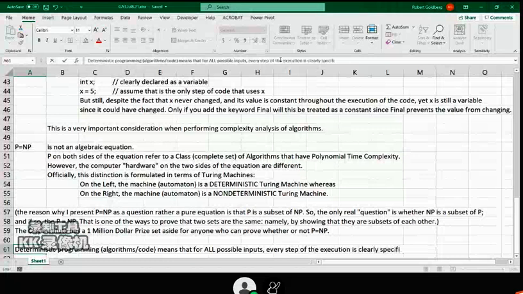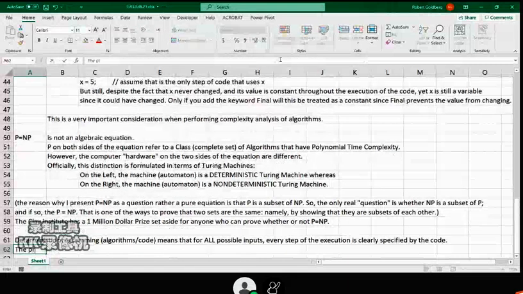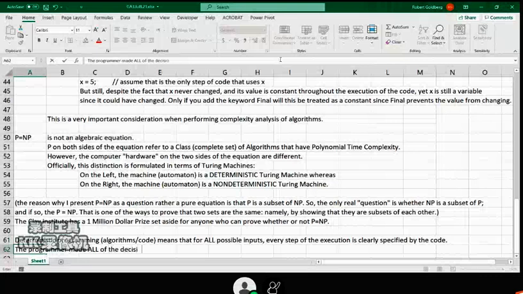There are no choices. Well, I gotta be careful. It's true, but not true. I have to be careful how you interpret that phrase: it's clearly specified by the code. If you have an if statement, there's a choice, but you specify the choice. The computer doesn't have to make that decision. The programmer made all of the decisions for you ahead of time.